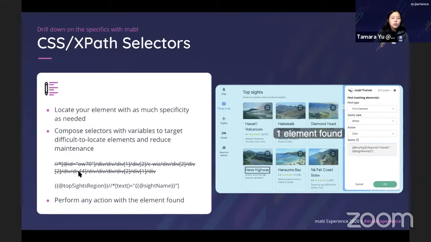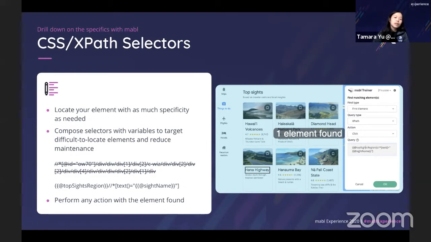You can use variables to store XPath fragments so that you can reuse them across steps to target different components inside the same area. And speaking of landmark elements, XPath axes like ancestor, descendant, preceding sibling, following sibling are all very handy for querying an element relative to another element nearby.